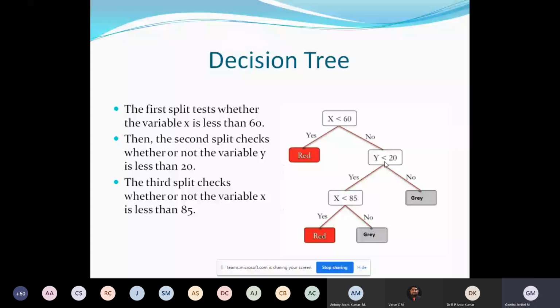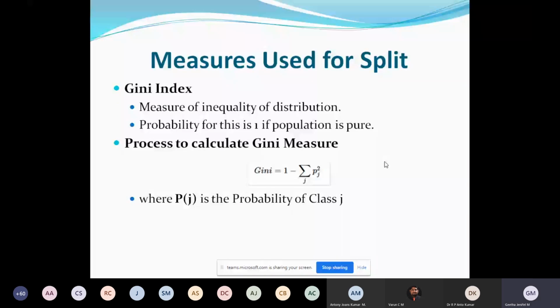Now I'm going to tell about how this split happens. The split is based on three measures: one is the Gini index, the next is entropy, and the third is information gain. The first one is the Gini index. The Gini index is a measure of inequality of distribution.